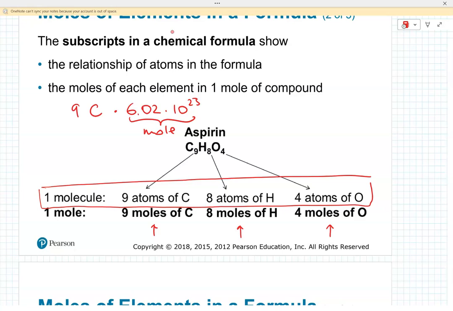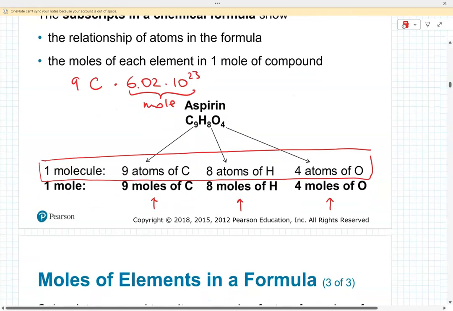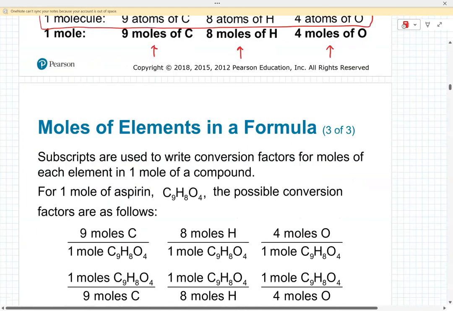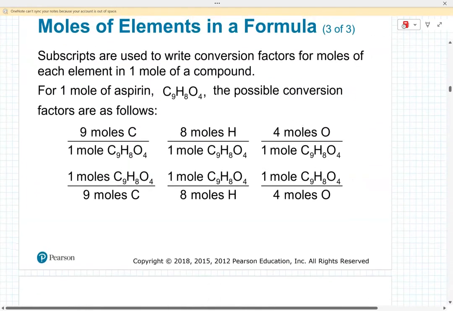Okay? Fair? Good? So that allows us, if somebody asks us, how many moles of a particular atom can we find in 1 mole of a compound? We need to take the number of atoms in a molecule and multiply it by a mole. Okay?